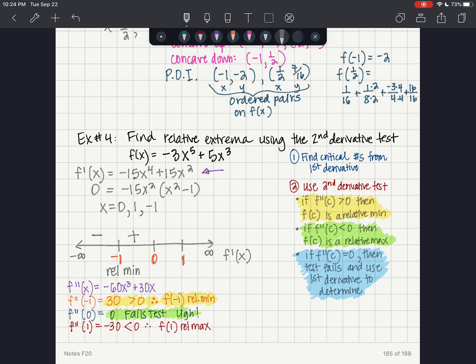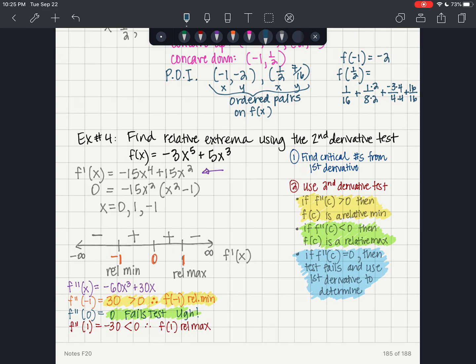And 1 is the input for your relative max, which means that you were increasing and then decreasing. That's how you get a max. So if I'm increasing from -1 to 1, that means there's no extrema at 0.